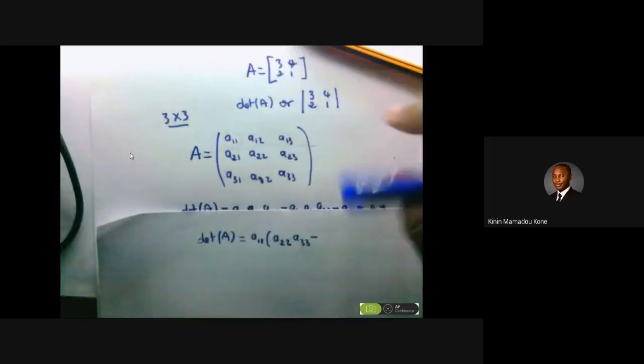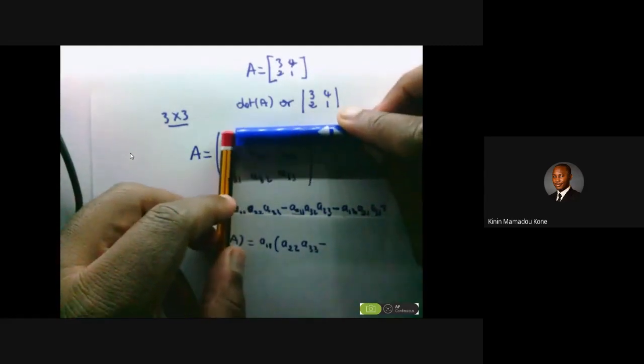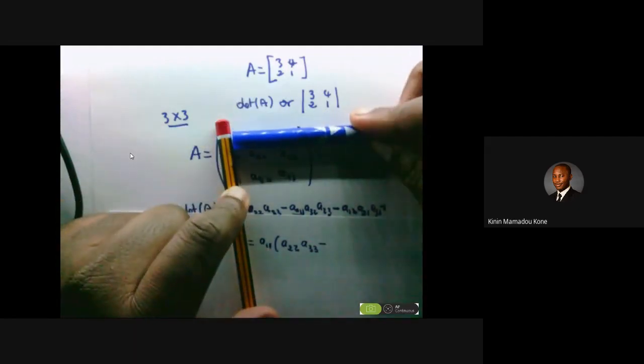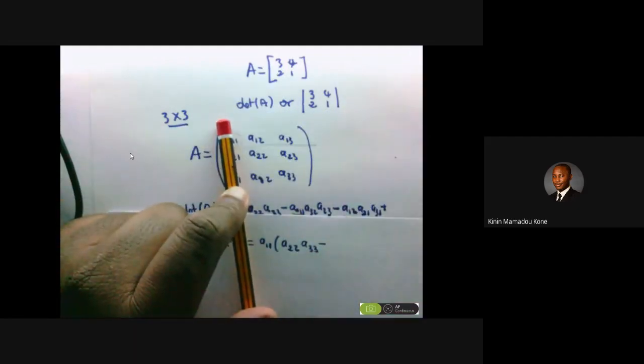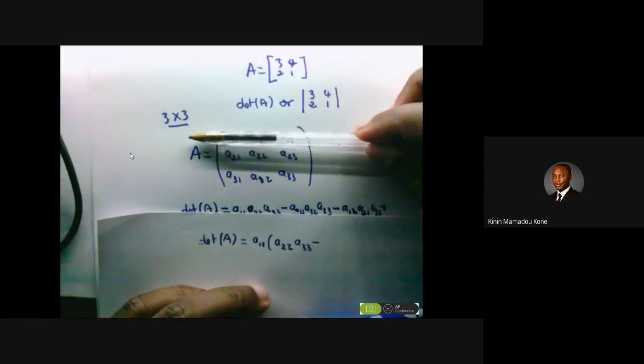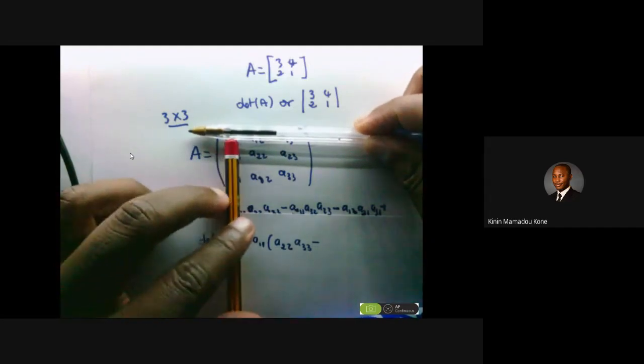I delete these and this, and I'm left with this matrix over here. Let me try this way. Yes, here it is, we can see it now.